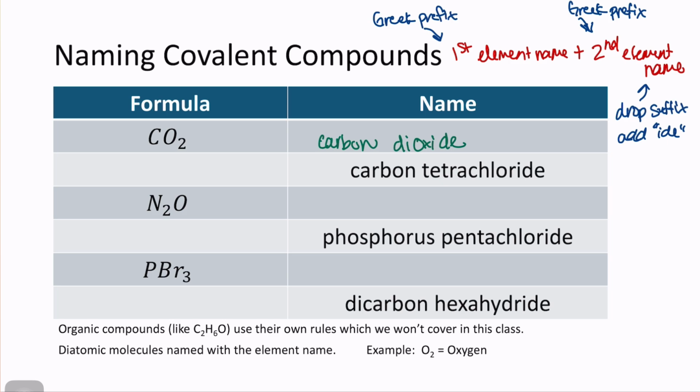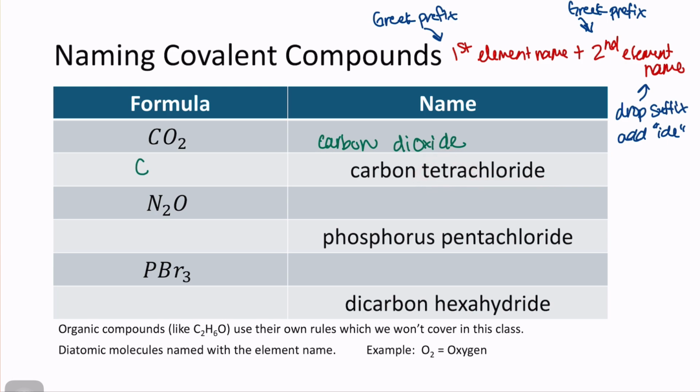When you're taking a name and getting the formula, in my opinion, it's a lot easier than an ionic compound because the compound name tells you exactly how many of each atom are in the formula. So I don't see a mono, but I do see the word carbon. So I'm going to put a carbon. Now I see tetra, which I know means four, and I'm dealing with chlorine.